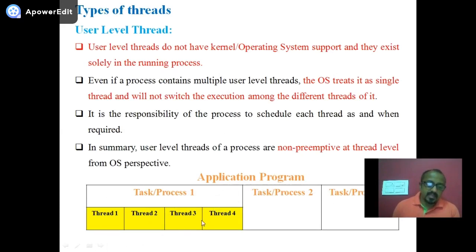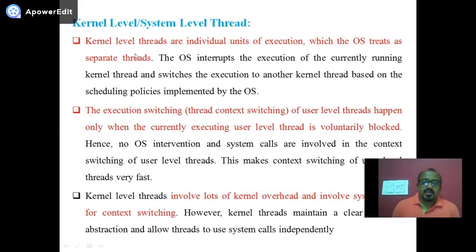Within the task, whatever CPU time is allotted is utilized by these threads to execute their piece of code. Kernel level threads are individual units of execution which the operating system treats as separate threads.